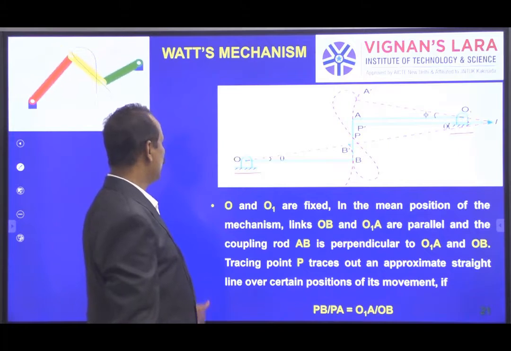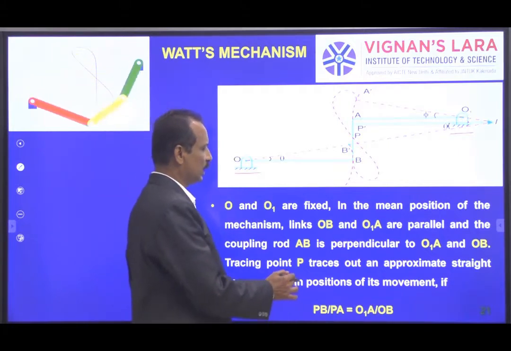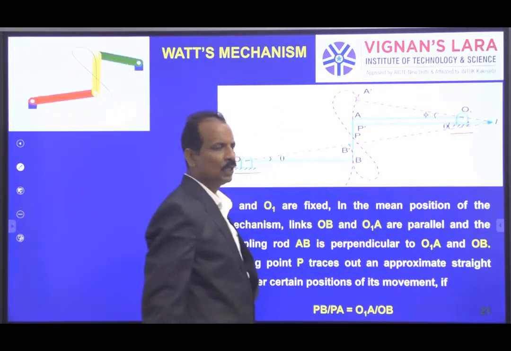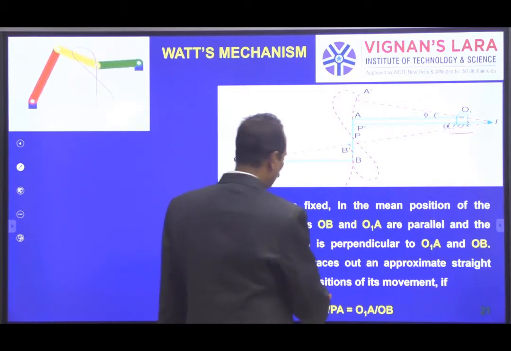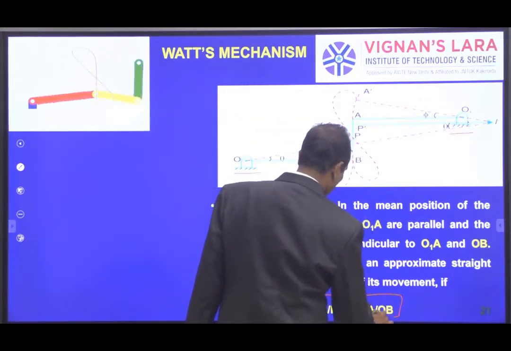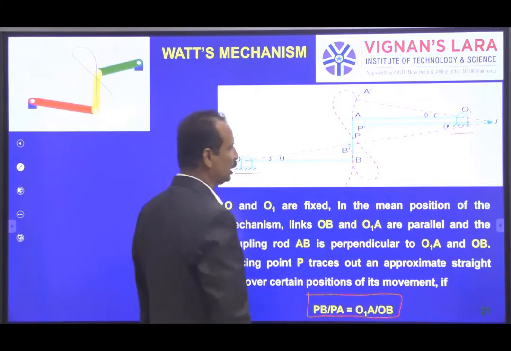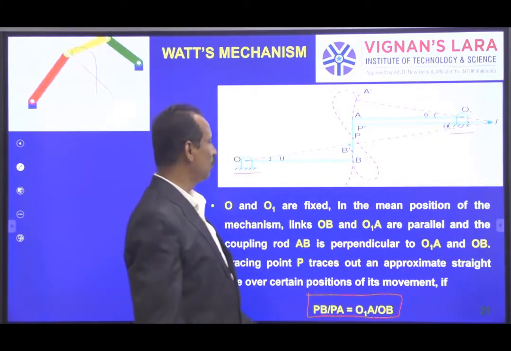It gives an approximate straight line over a certain portion of its movement. That is possible when PB by PA is equal to O1A by OB.